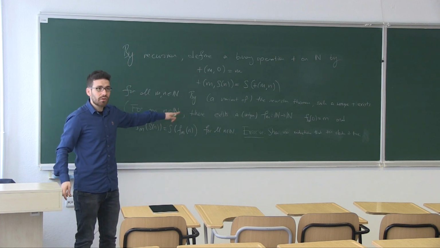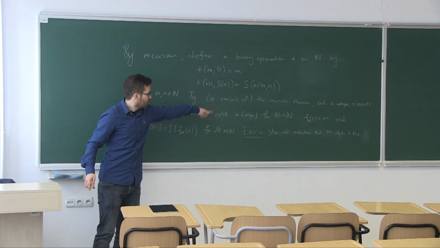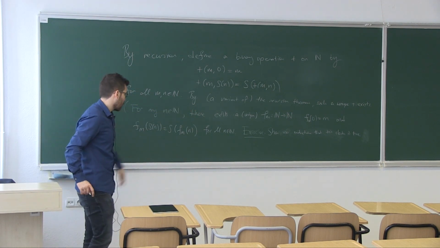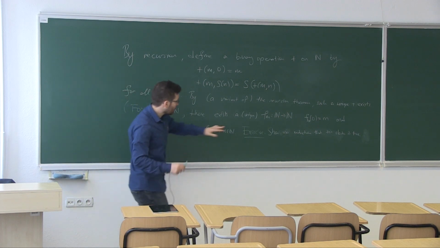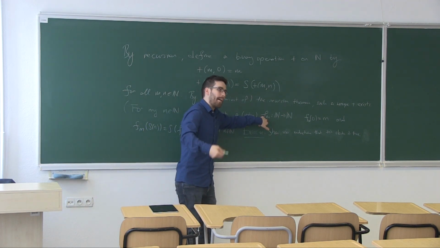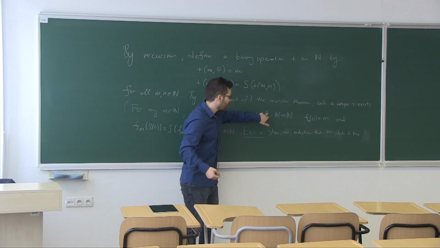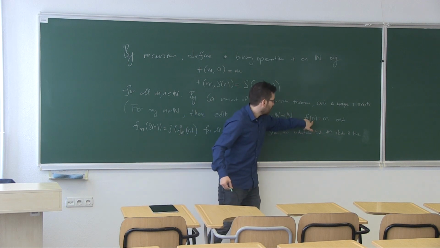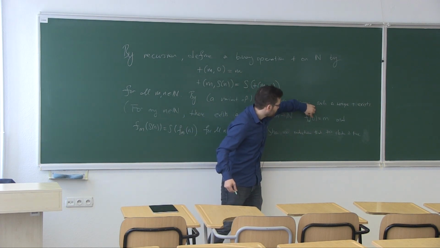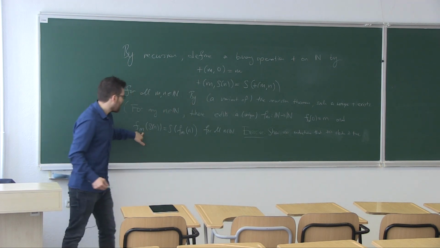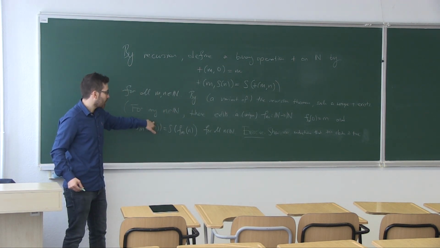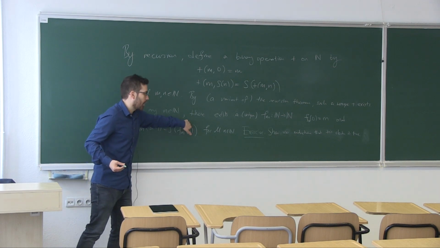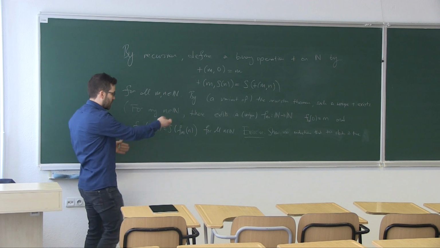You don't actually need the recursion theorem for this specific claim, okay? So you can prove this by induction, with some work. This operation is supposed to be addition by m, okay? So this function I called f sub m is addition by m. When you add m to 0, you get m. And when you add m to the successor of some natural number n, you get the successor of the natural number which is obtained by adding m to n. So show that such functions exist.